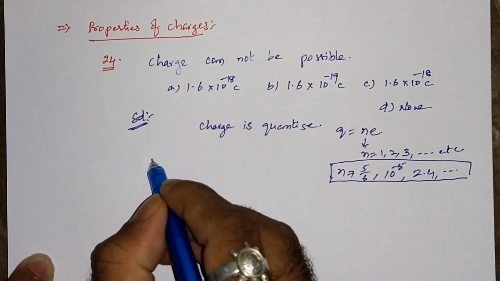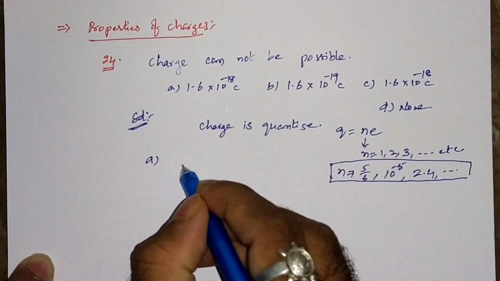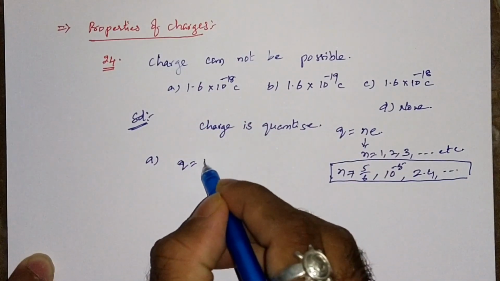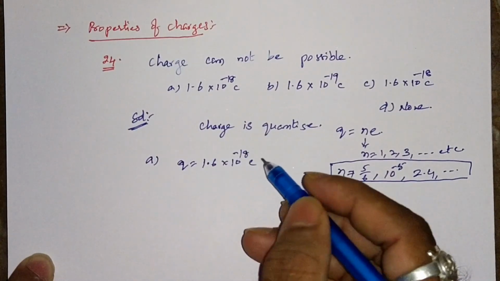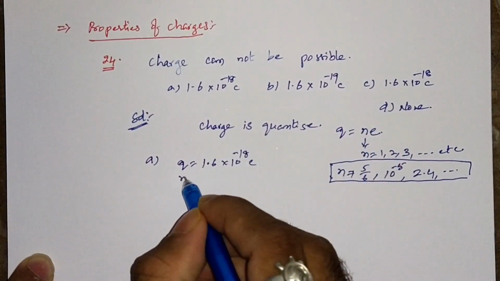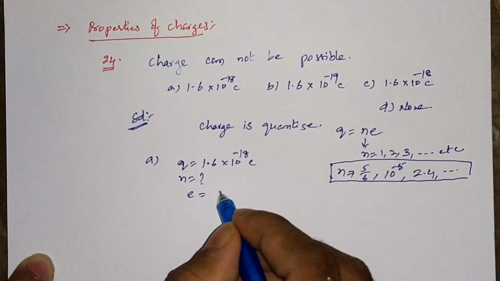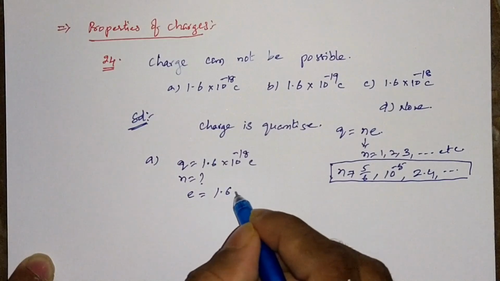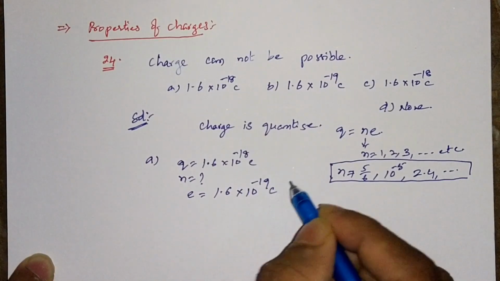First let us take option A. In option A, charge Q is given. Q is equal to 1.6 into 10 to the power minus 18 coulombs, and we need to calculate N now. For the E value, what is the fundamental charge? The magnitude of fundamental charge, the charge on an electron or proton, is 1.6 into 10 power minus 19 coulomb.